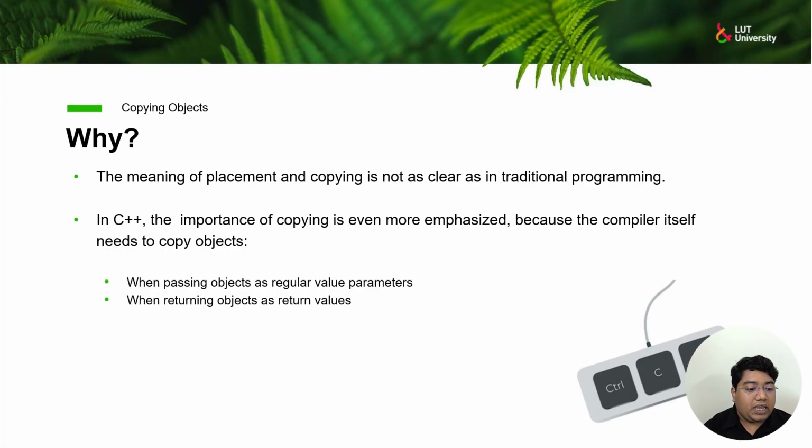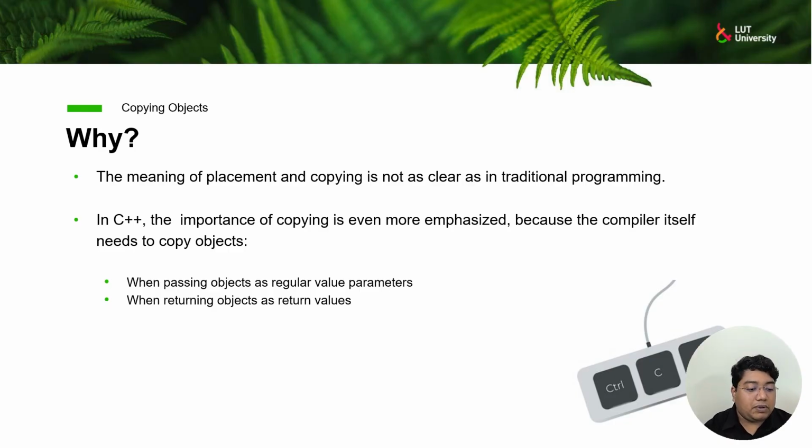At first, copying an object sounds obvious. You make another object with the same contents and you are done. That should be it, right? But C++ actually copies objects much more often than many people realize.